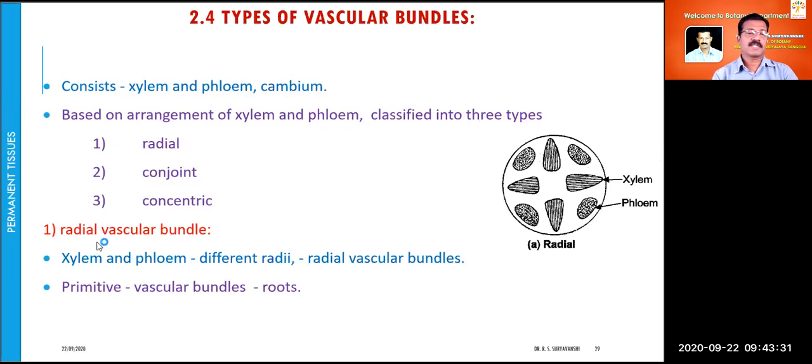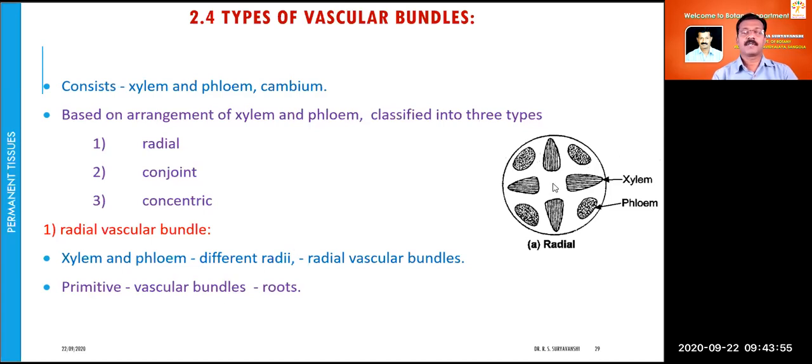Now see, first one, radial vascular bundle. When xylem and phloem are arranged in different radii, then the vascular bundles are known as radial vascular bundle.